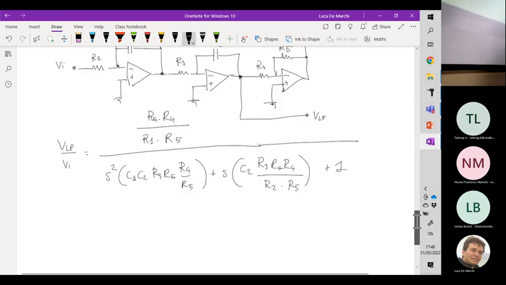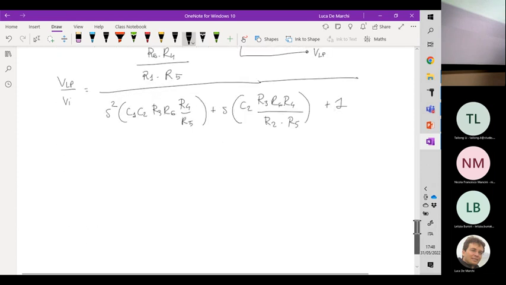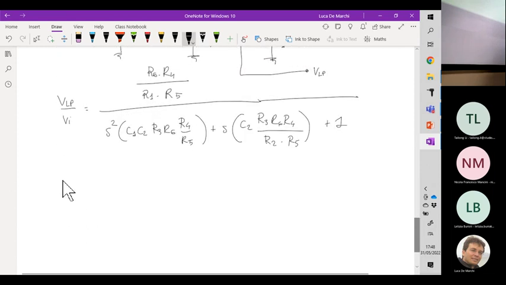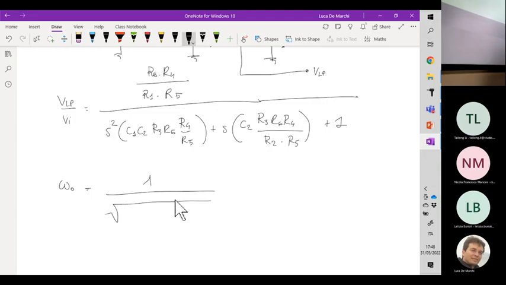It is useful to derive the conventional second order transfer function parameters, in particular omega null. Well, you can clearly see that there are no zeros in this configuration. That's the reason why this is a low-pass function. So omega null is given by this formula, 1 over the square root of C1 times C2 times R5, R6, times R4 over R5.